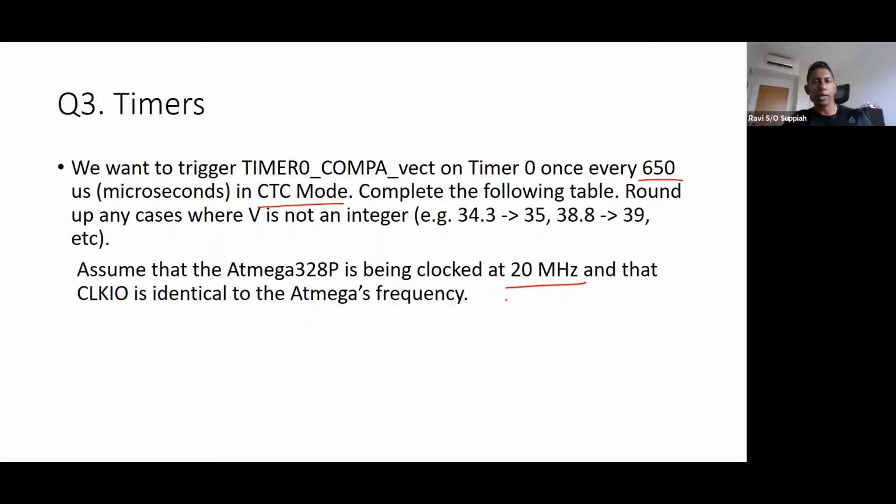Though we are used to using 16 megahertz because our board is 16 megahertz, it's easy to just change the question and say it's running at 2 megahertz, or 10 megahertz. So look at it carefully to see whether there's any change in the frequency that you need to take note of.